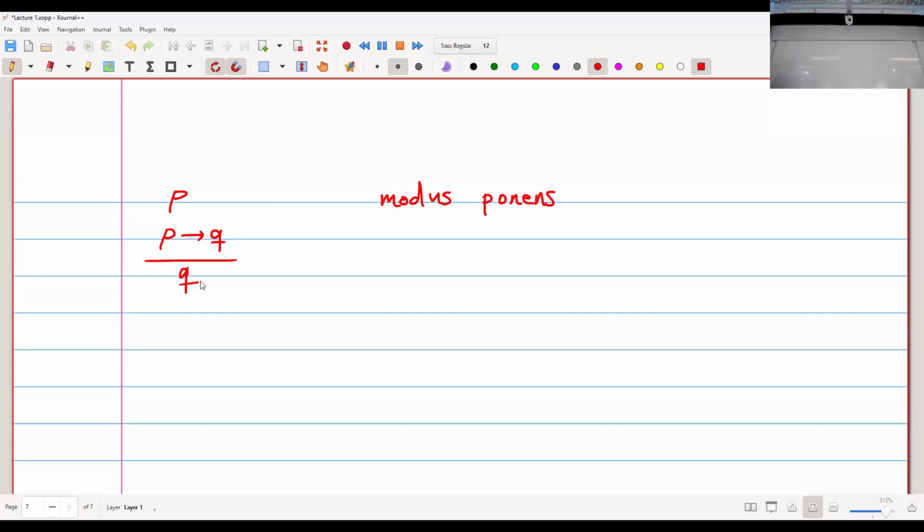But this is basically just another way of writing a tautology. All I'm saying here is that if I have P and P implies Q, then this whole thing implies Q is a tautology.